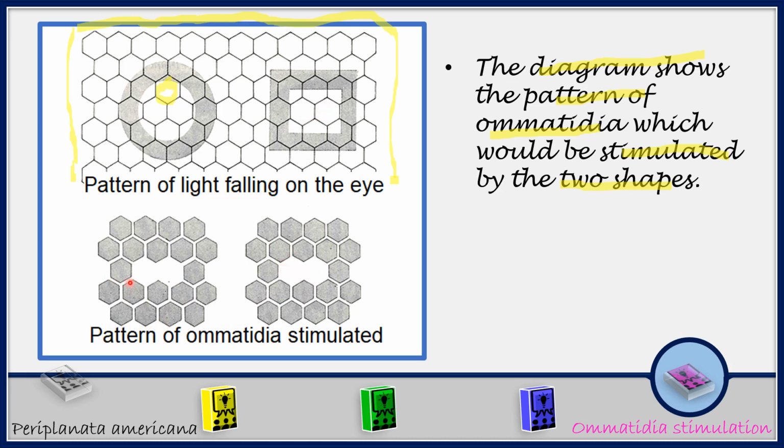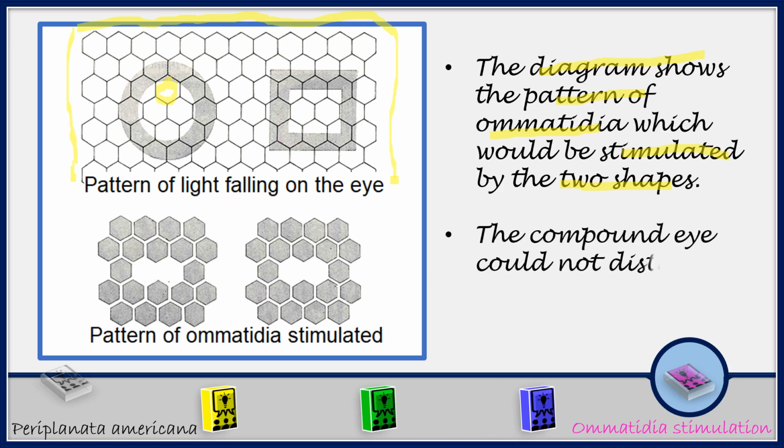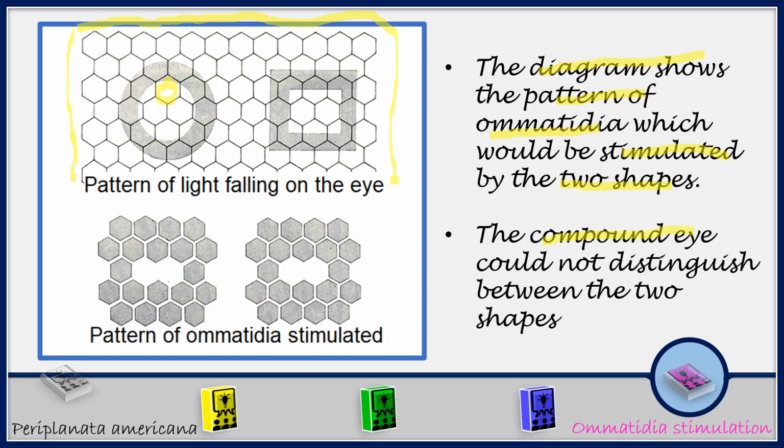Which means that our eye cannot differentiate between the two patterns. So the compound eye could not distinguish between the two shapes, because whichever ommatidium is stimulated will form a pattern which is similar to the other pattern.